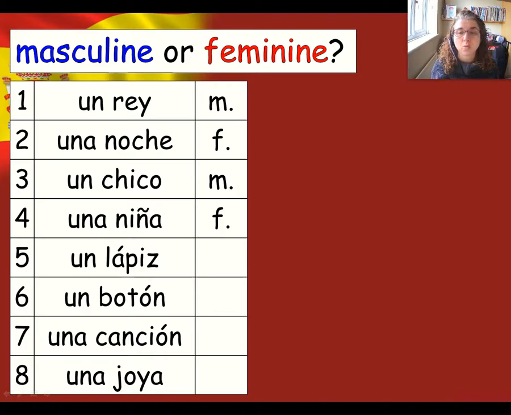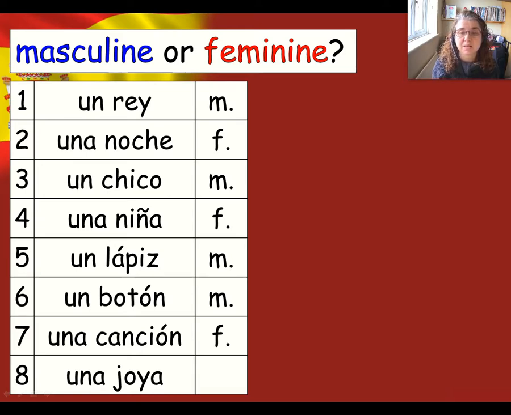Number 5, un lápiz, is masculine because it has un. Number 6, un botón, that is masculine as well. And look, there's another one that ends in o with an accent and n. Then number 7, una canción, is feminine because it has una before it.